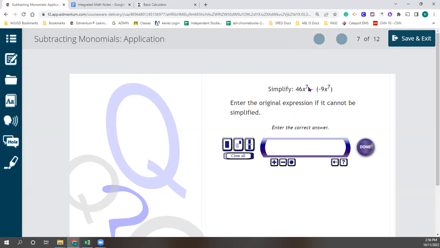46x to the 7th minus negative 9x to the 7th. They are like terms. I can do the subtraction. Subtracting negative 9 is the same as adding 9. That would make this 55, I believe.